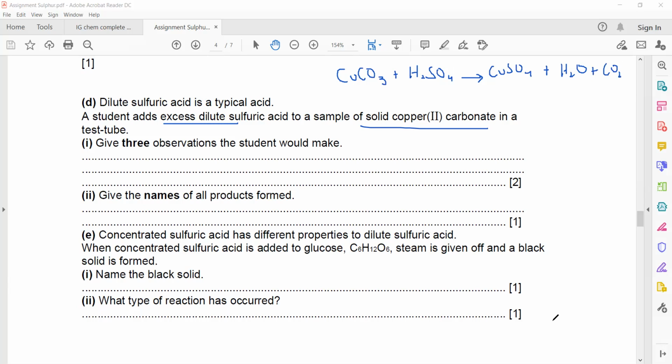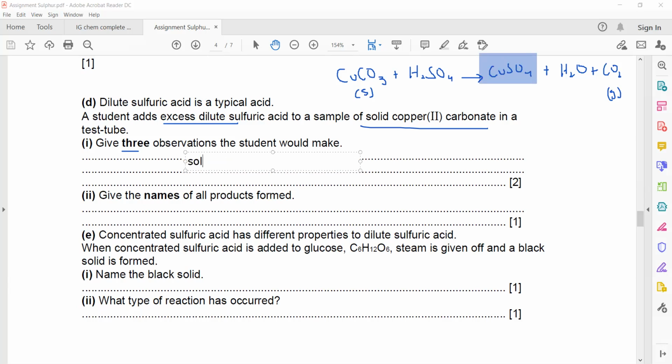Now, what are the observations? You have to state three observations. Number one, because the solid copper carbonate is there, the solid will dissolve. Second, bubbles or fizz or effervescence. And what about the third observation? Because it is a transition element, when a salt solution is formed, it will form a colored solution, or a blue colored solution.